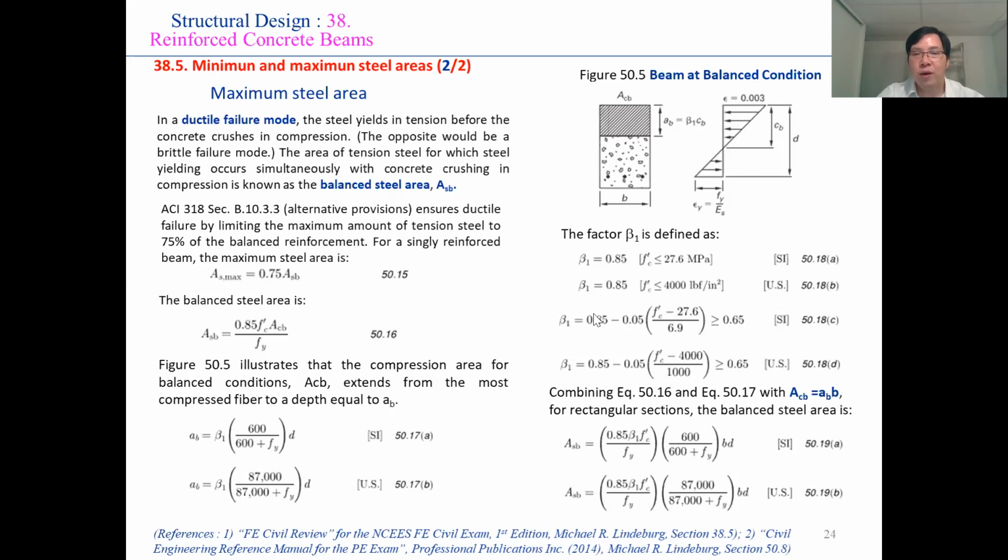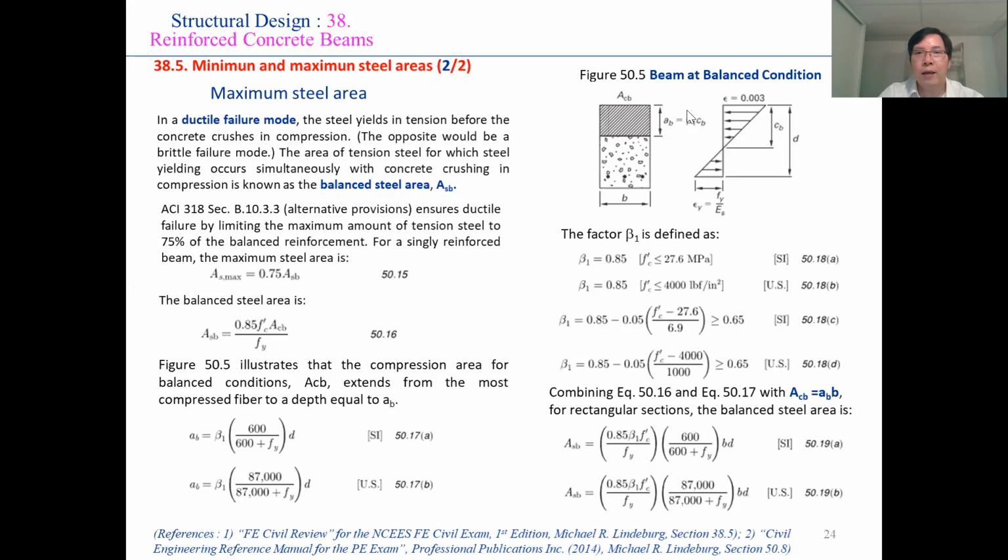And I show you here the equation for calculating the factor beta 1. Pay attention: what is beta 1? Beta 1 is the ratio between a_b and c_b.